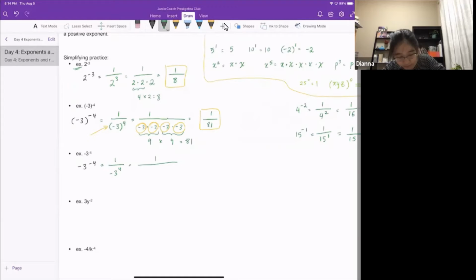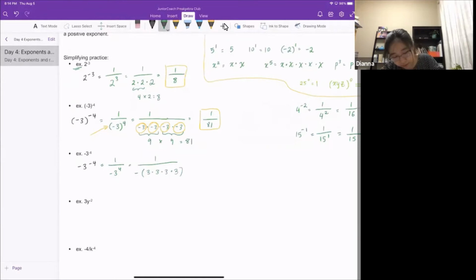It's not going to be -3 times -3 times -3 times -3. It's not that. There's just going to be one negative multiplied at the beginning, and then 3 times 3 times 3 times 3. See the difference?